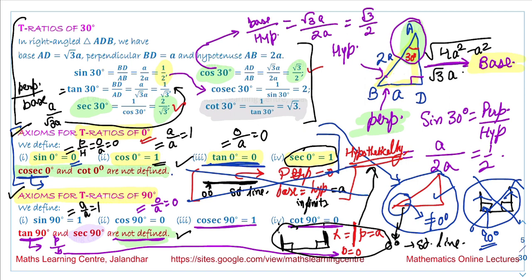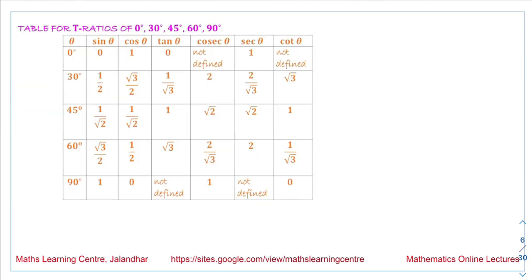In this next table we have shown all these values. There is a method to write all these values, and I am going to explain that method to remember them. Suppose we are talking about the angles 0 degree, 30 degree, 45 degree, 60 degree and 90 degree, and I have to write the values of sine theta.